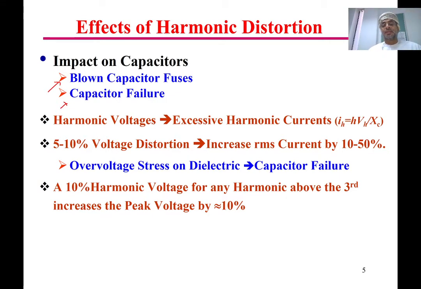As a result, the current that flows through the capacitor bank will also contain a lot of harmonics, because the current can be calculated by voltage divided by the reactance. If the voltage distortion is within the range from 5 to 10%, that will increase the root mean square current by a percentage ranging from 10 to 50%.